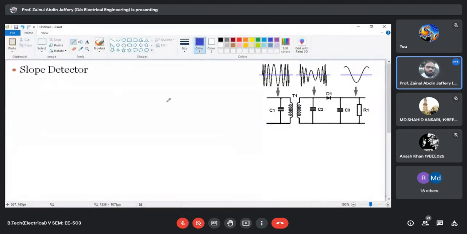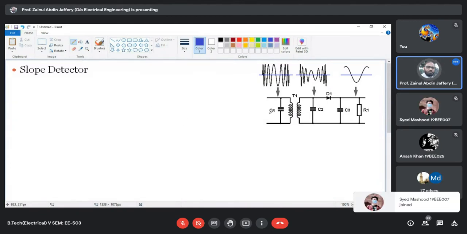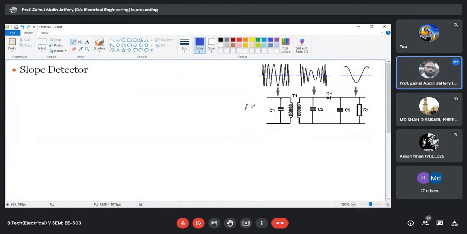In this circuit you see, this is the basic circuit for a slope detector. From here this is your input, the FM signal input, and there are two parts over here.